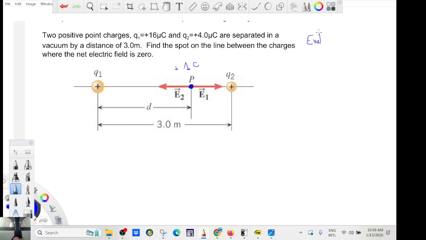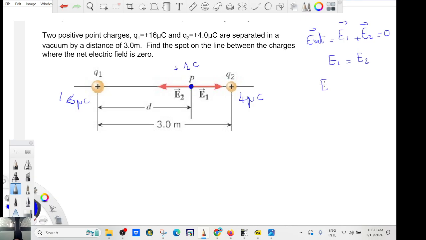So the net force for 1 coulomb of charge is E1 plus E2. And we want that to be 0, which means that in magnitude E1 equals E2. Agree? This is 4 times. This is 16. And this is just 1. And you place 1 coulomb of charge.